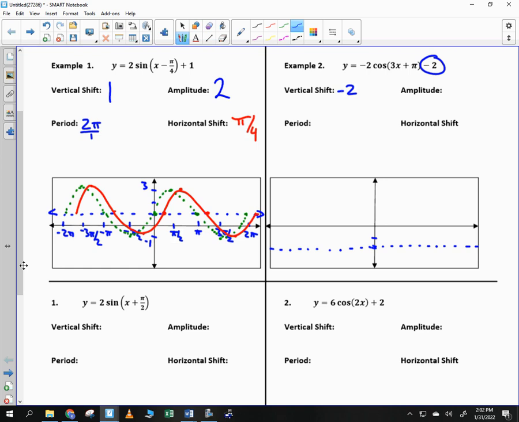Amplitude, 2. So what's going to be the maximum spot that this graph will reach? We'll go all the way up to 0, and we'll go all the way down to -4. When I look at your graphs, I want to see those maximums and minimums marked. And I want to make sure that your dots go to about those spots.